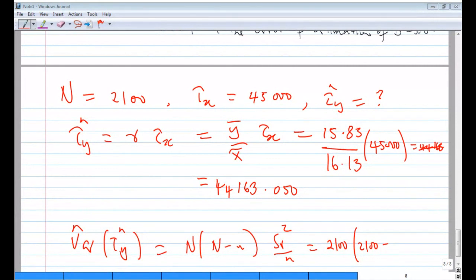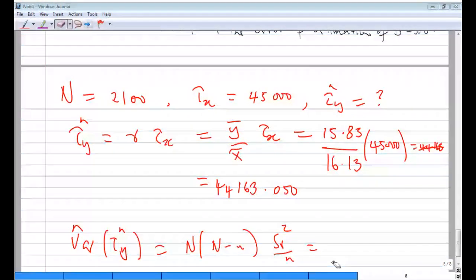Isn't the sample size 15? Let me check. We have 15 items.